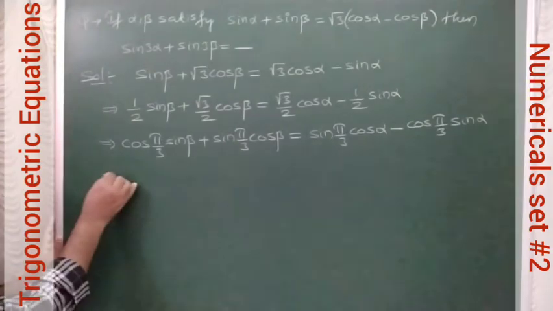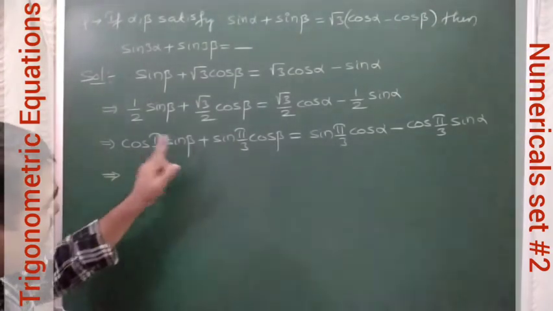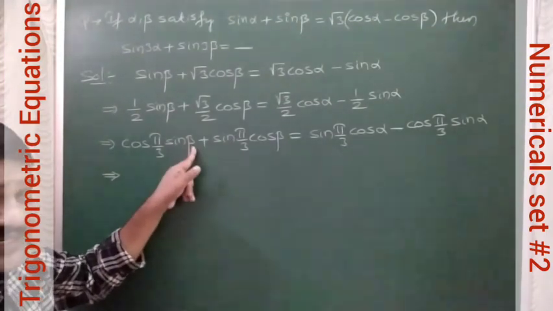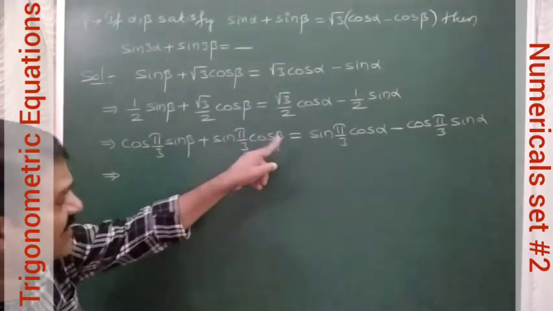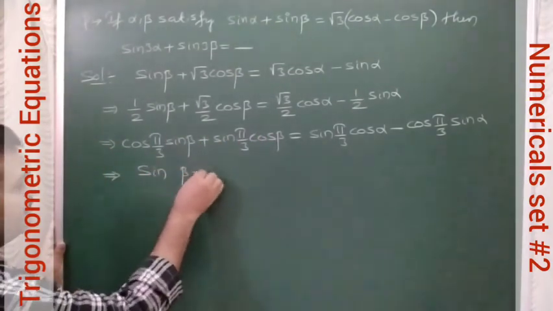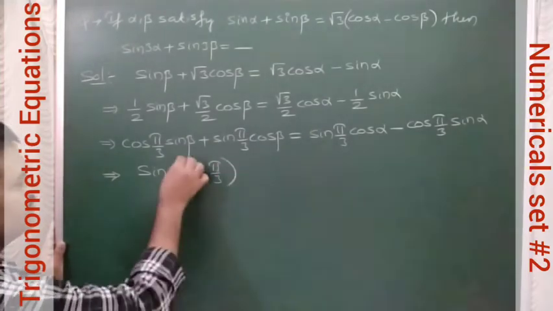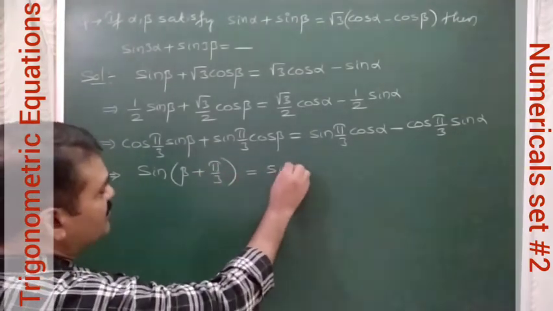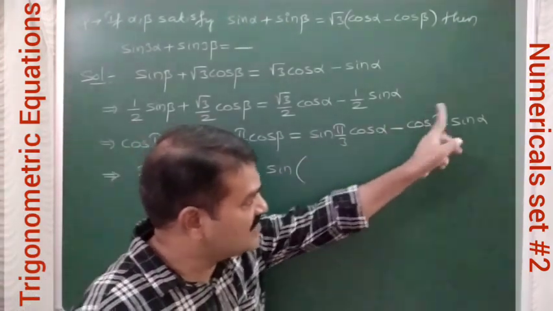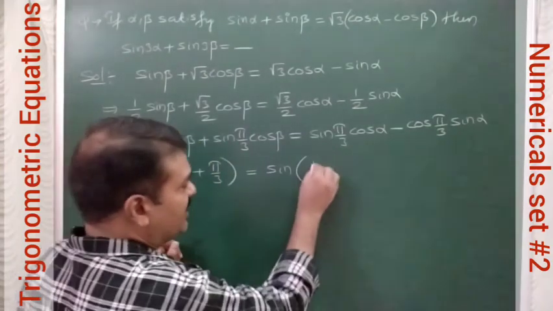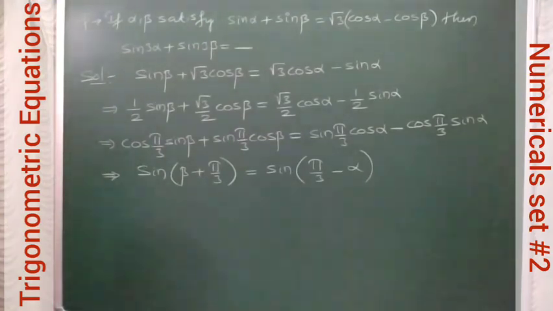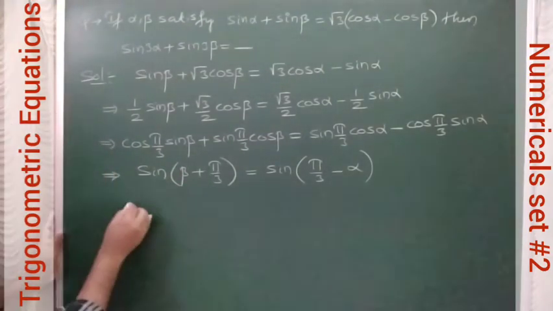Okay. So now this is sin A cos B plus cos A sin B model. Sin A cos B plus cos A sin B. So therefore we will get sin of A plus B. This is equal to right side sin A cos B minus cos A sin B. So sin of A minus B. So you can simply remove sin on both sides.